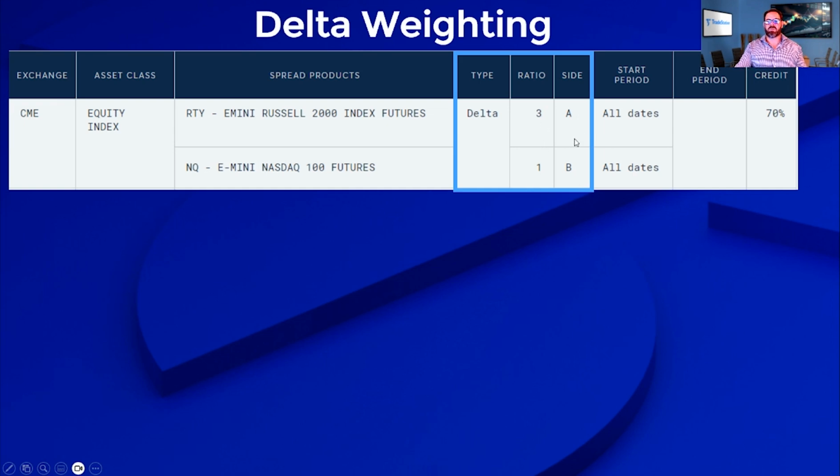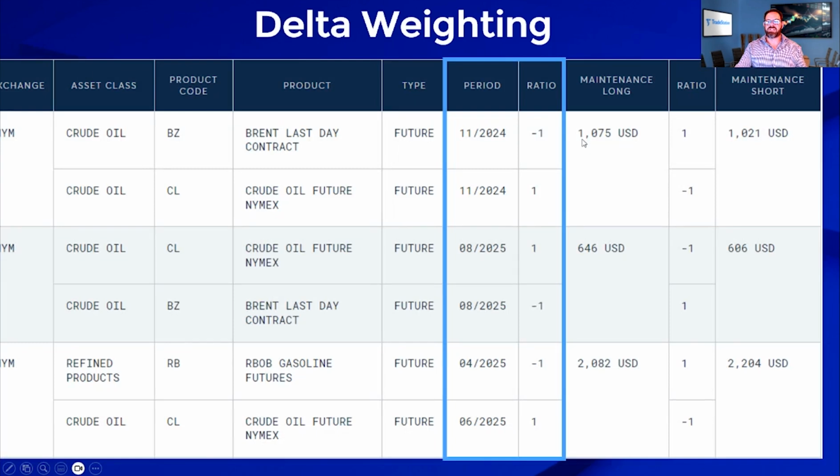And we'll talk a little bit more about margins later, but when you're looking at intra-market spreads, some will tell you the maintenance margin here. Now, maintenance margin is not the initial margin you need to enter in the position. Initial margin will be 110% of whatever you see for maintenance margin. I don't know why, but they show the maintenance margin on the CME website under margins.